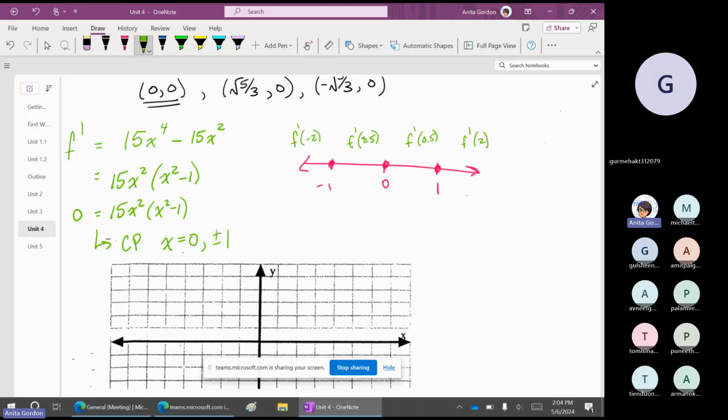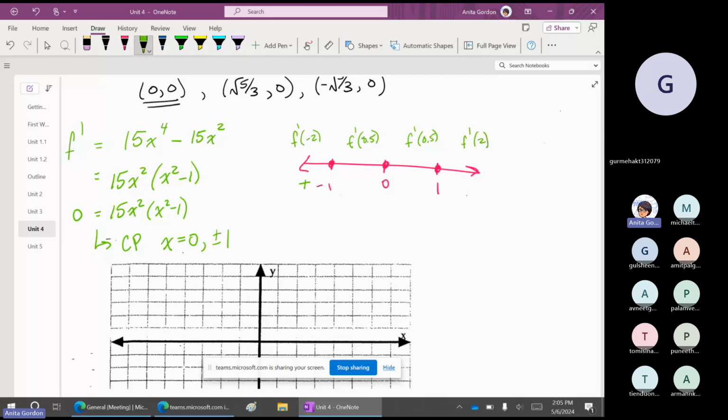Okay, so grab a calculator. Oh, I have one in my hand here. There we go. So 15 times, again, make sure you're using brackets here, -2 to the power 4 minus 15 bracket -2 to the power 2. And I get a positive value on this side. And if I do this all again, I insert the point.